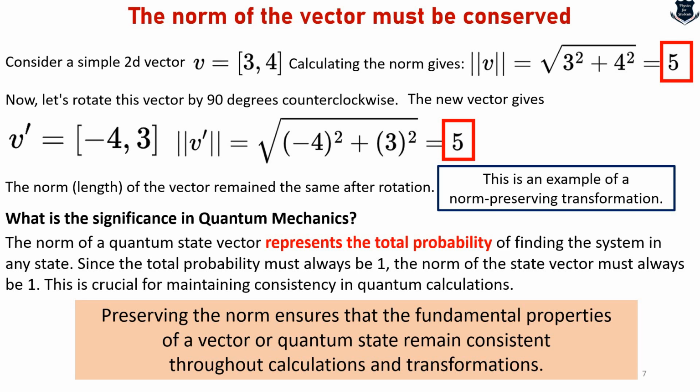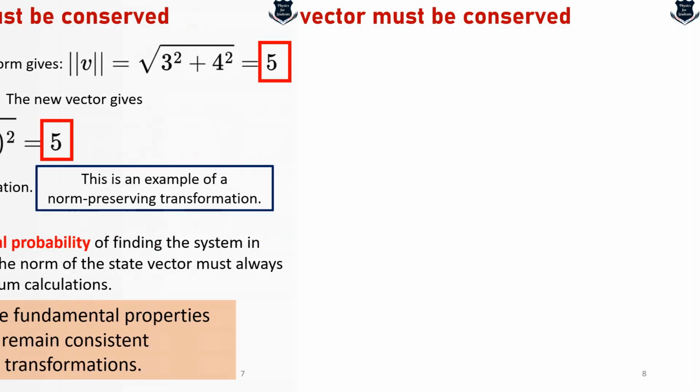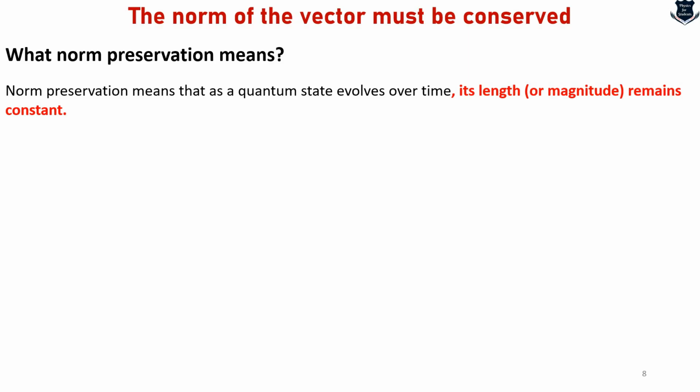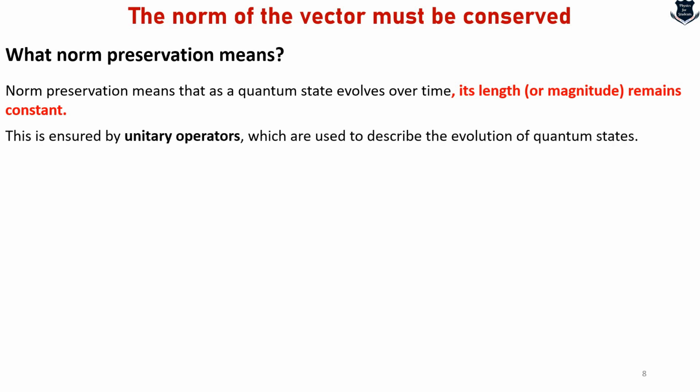And what we can say is that preserving the norm ensures that the fundamental properties of a vector or quantum state remain consistent. Consistent in the same sense that we have just seen, that it is easier to measure whatever the coordinate changes, and that is what is called preserving the norm. So what actually is norm preservation? First of all, norm preservation means that as a quantum state evolves through time, its length or magnitude remains the same.